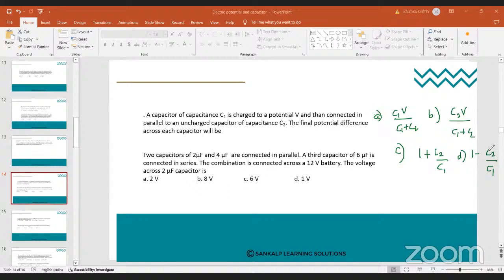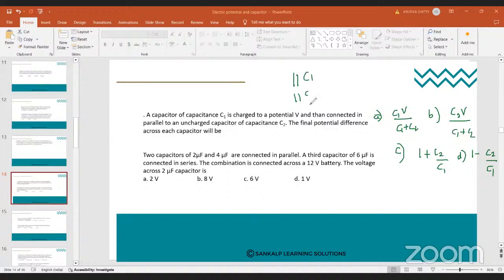Okay, so see what they are saying: a capacitor of capacitance C1 is charged to a potential V and then connected in parallel to an uncharged capacitor of capacitance C2. So one capacitor is there that you have charged, then you are connecting the other capacitor in parallel.